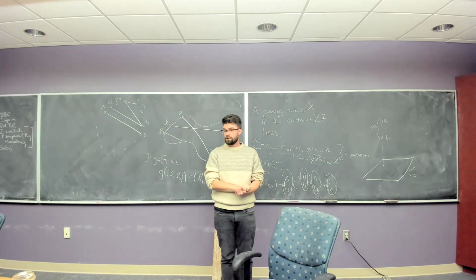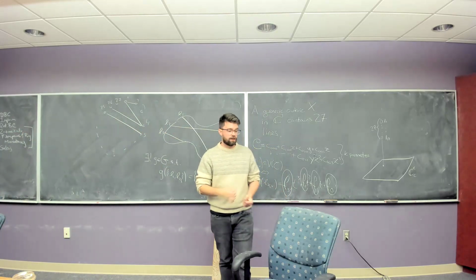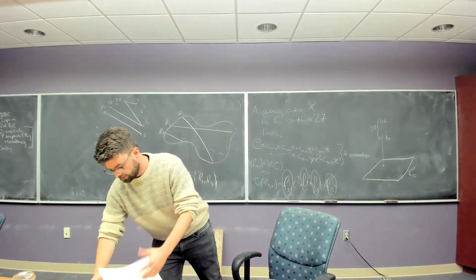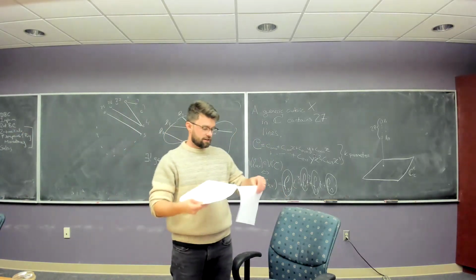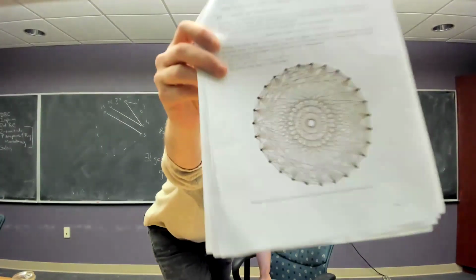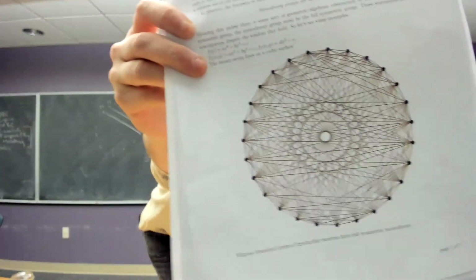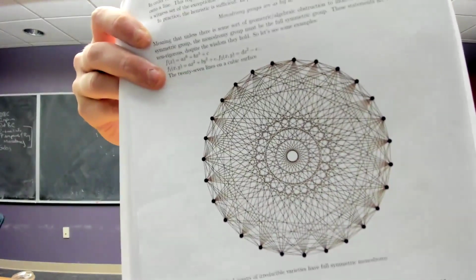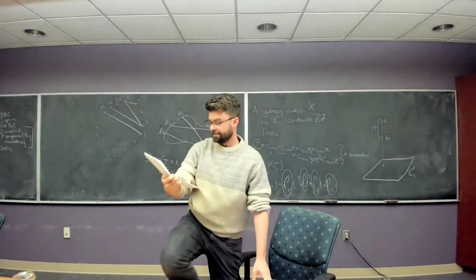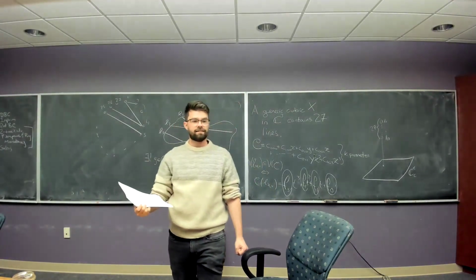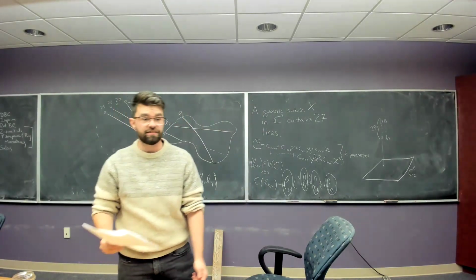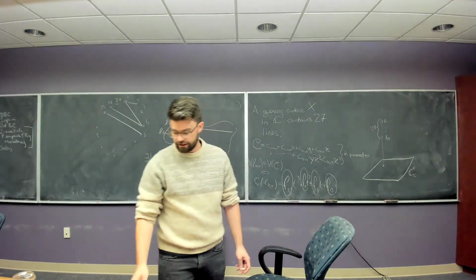Okay. So this is a graph on 27 vertices, and looks like this. There you go. You can look at the screen if you're in class. They're like circulant? No, it's not a circulant graph. More interesting than that. It's called the Schläfli graph.